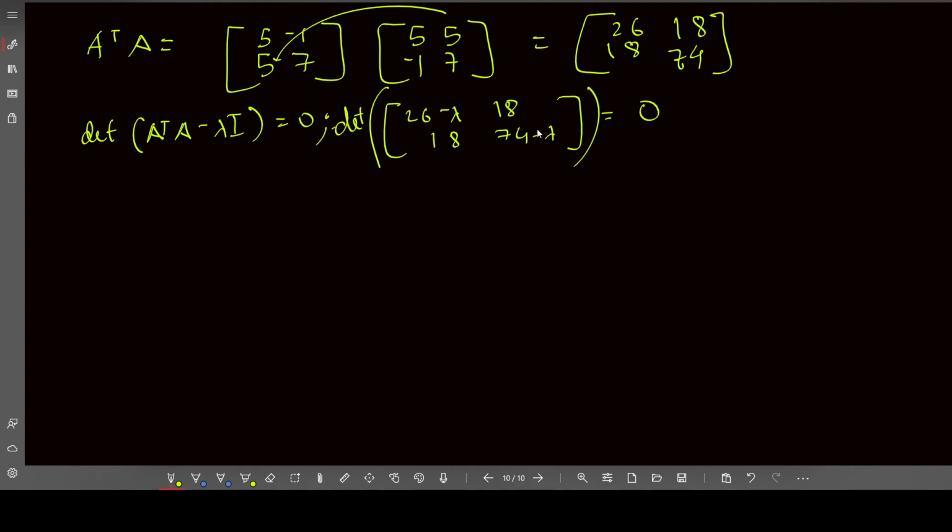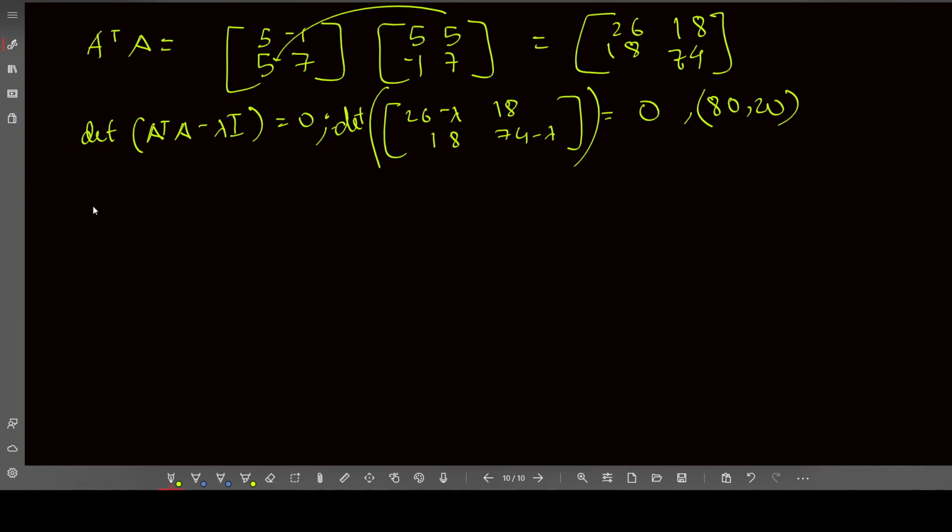Now we already know that the eigenvalues are 80 and 20, so I'm not going to compute it again. But if you want to verify, you can compute this all over again. Just take the determinant, multiply, subtract them, and you'll get the eigenvalues as 80 and 20. I leave that to you because we've already done this in the previous one, A transpose. The eigenvalues don't change, right?